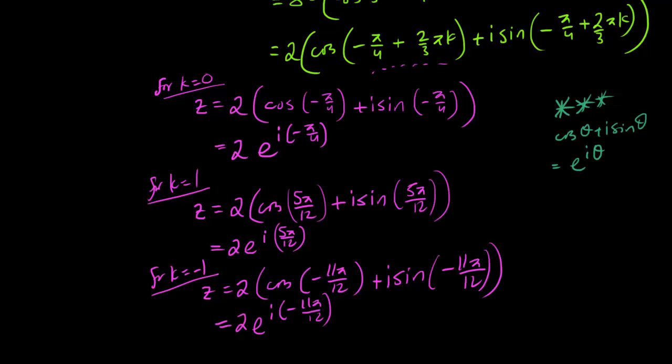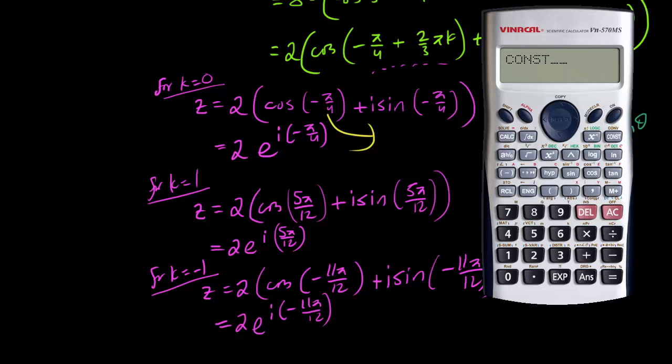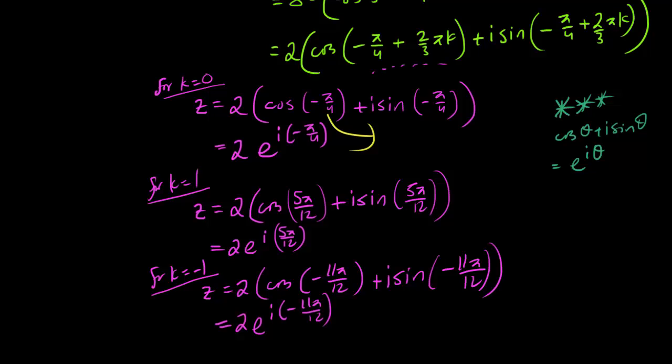For instance, in this case, cos minus pi by 4 is minus 45 degrees in the degree mode. So it is going to be 1 by root 2. So this is going to be z equals to 2, just use your calculator and this is what you'll find.